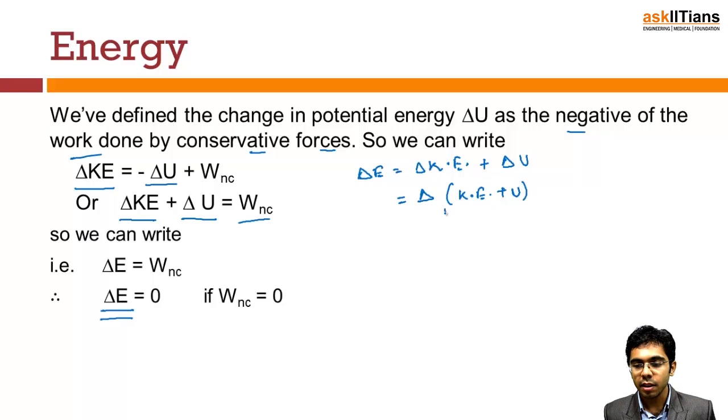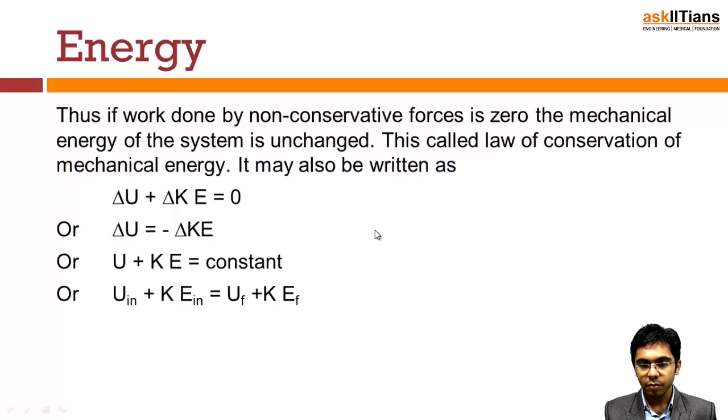This is the mechanical energy, so instead we write this as E. So if the non-conservative forces are 0, the mechanical energy of the system is unchanged. This is the law of conservation of mechanical energy.